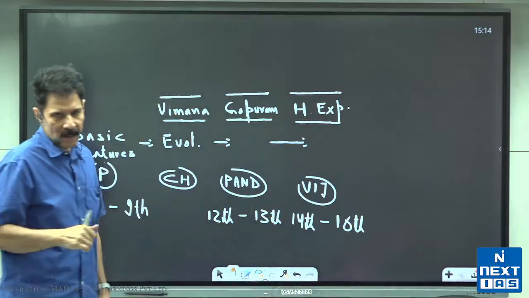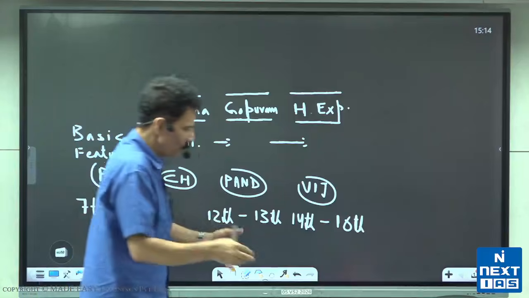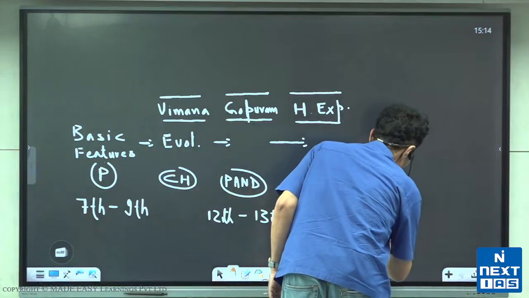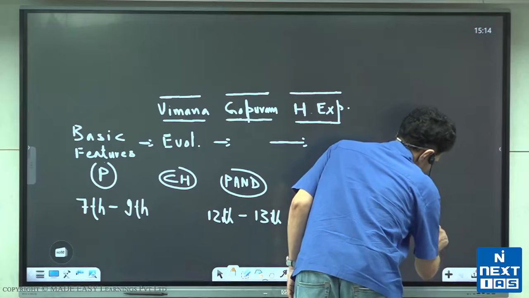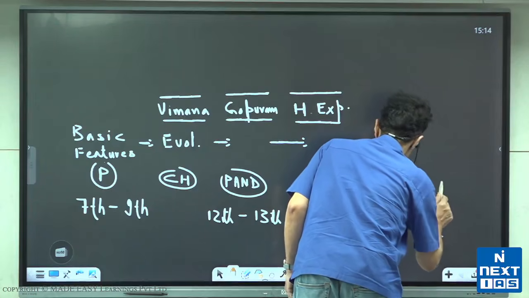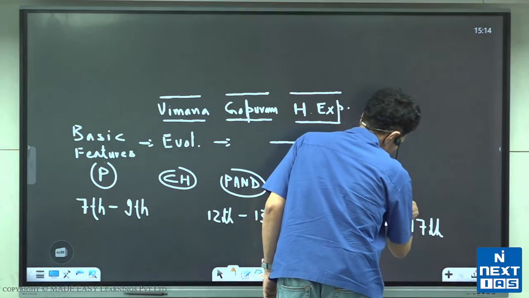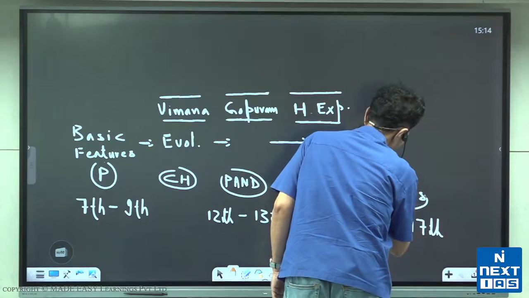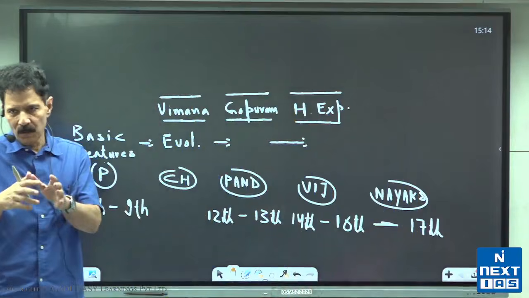So how many topics get involved? 4 topics. One more topic gets involved. Now 16th, 17th century. The period of the Nayaks. Nayaks were the powerful military commanders under the Vijayanagar ruler.